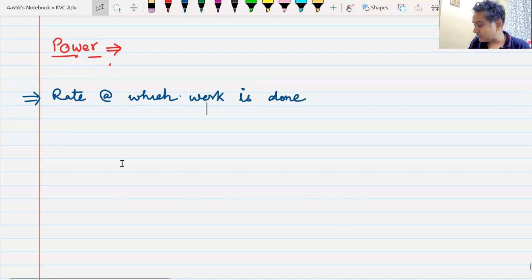Anyone understands this? Yes or no? Rate at which work is done by a body.